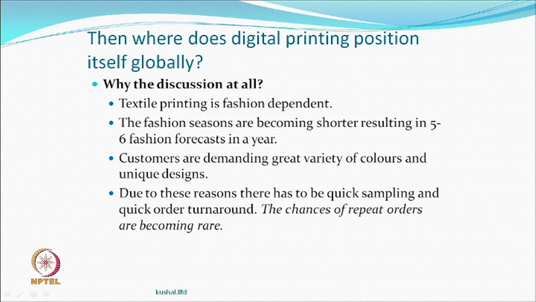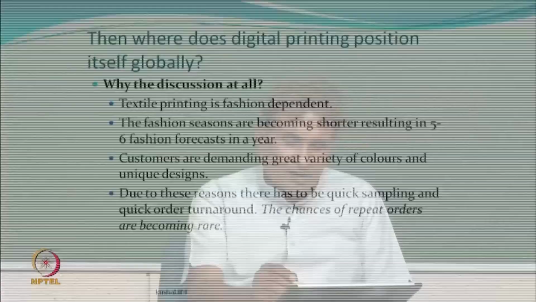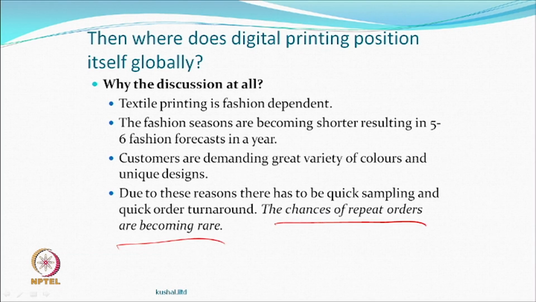It may not be possible with the conventional methods. Because of this, the chances of repeat orders are becoming rare. If this is actually true in the fashion industry, then obviously you have to have a technology which can do this at the click of the mouse, as they say.